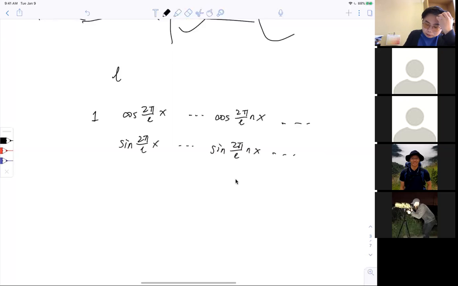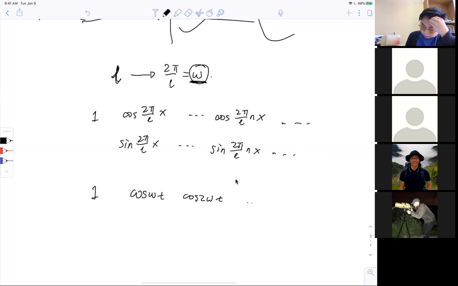This is because when your period is L, the corresponding fundamental frequency is 2 pi over L. If you denote this as omega, then you're writing the basis as 1, cosine omega t, cosine 2 omega t, and so on, and sine omega t, sine 2 omega t.